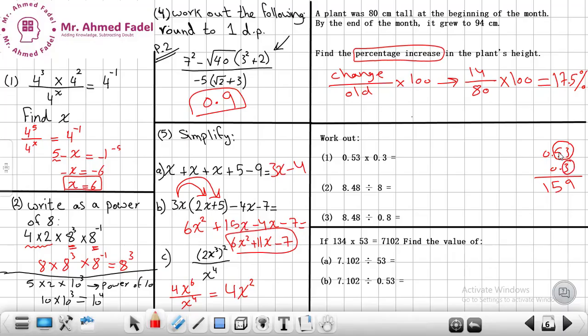After you ignore the decimal point, it's 53 times 3. Oh, but I have one, two, three decimal places. Don't forget, you've got three decimal places. It's not only one, two. No, it's one, two, three. So I want three decimal places in the answer. So the answer is 0.159.